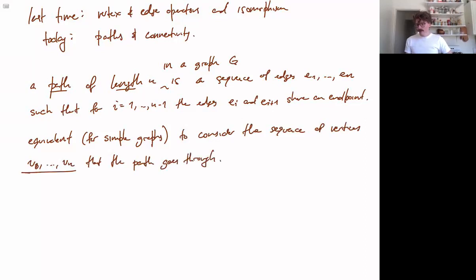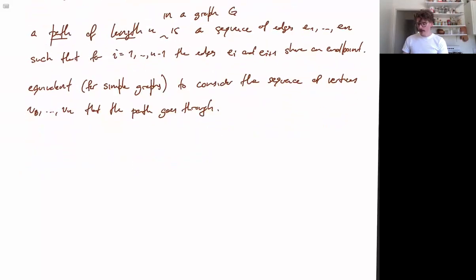And this is actually more often how we'll write it down. Just notice that in terms of the length of a path, the length is equal to the number of edges. The number of vertices is going to be one more. So we're going to start from 0 and list up to n, for example.